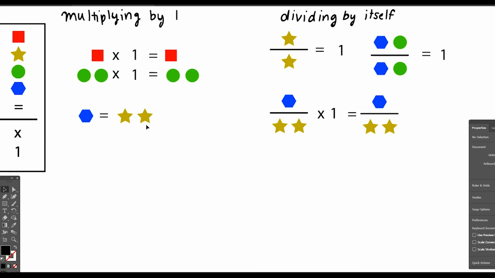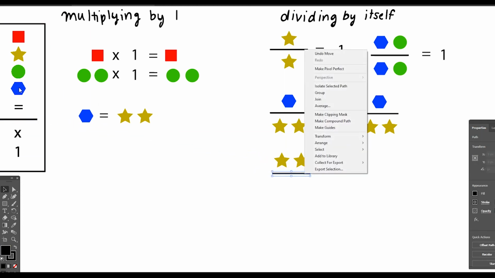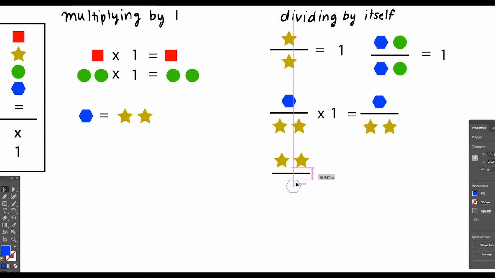So what I'm going to do here is I'm going to say, okay, let's say I want to have 2 gold stars, and I'm going to divide both of those gold stars by a blue hexagon. And I want to see what that equals. So what we know is, I told you at the beginning, the blue hexagon equals 2 gold stars.